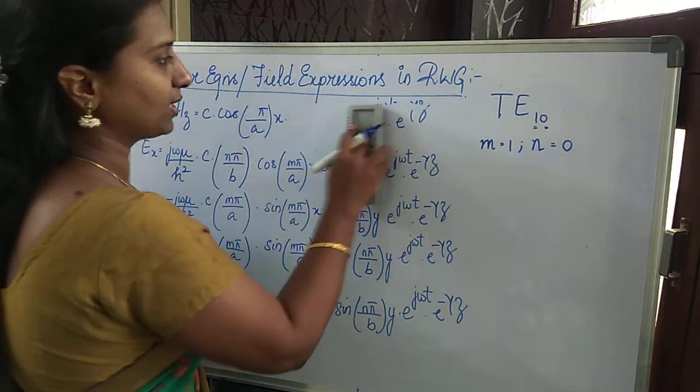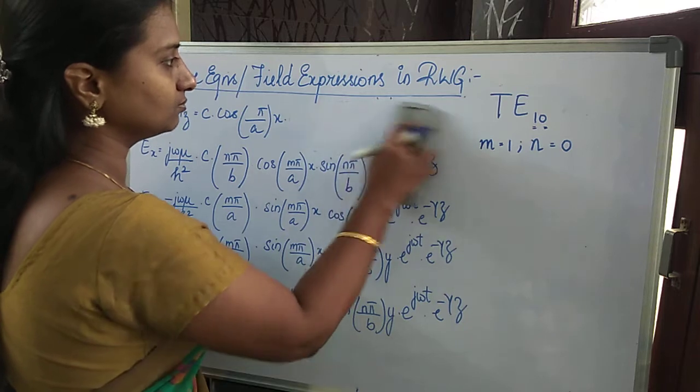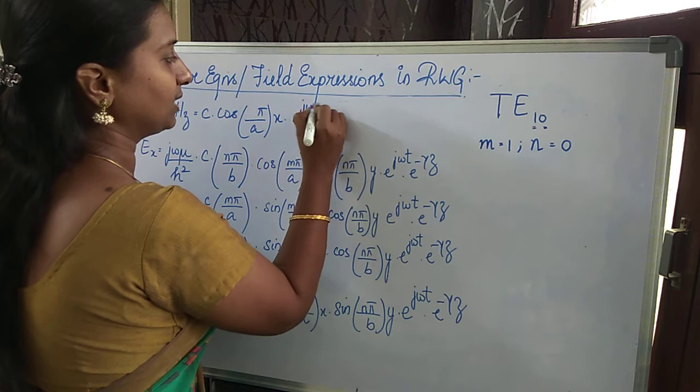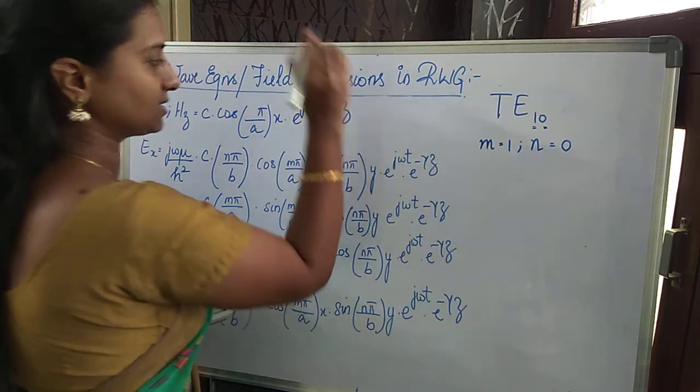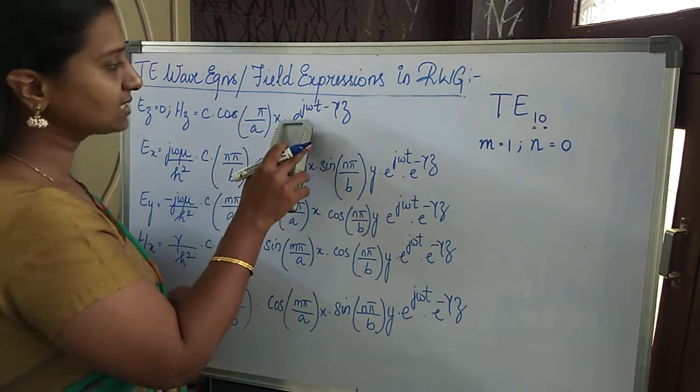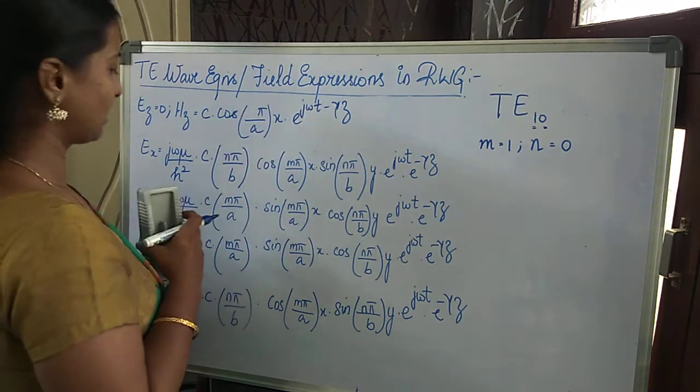Okay, so I'll be having e power j omega t minus gamma z. So Hz became C cos pi by a x e power j omega t minus gamma z.